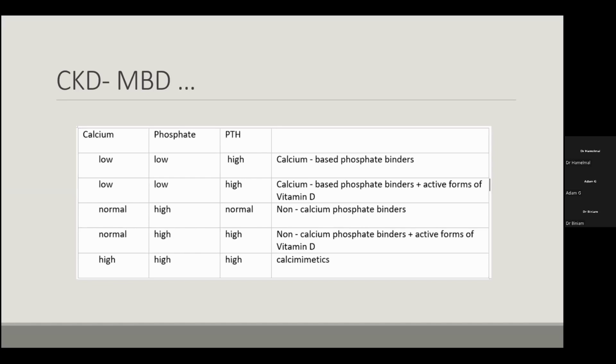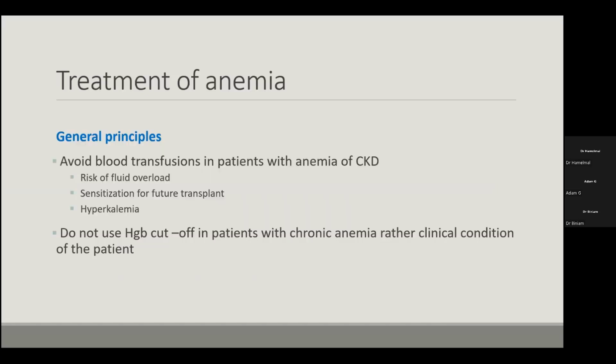And the other thing is when calcium is high despite very high PTH level, calcimimetics should be used, and also parathyroid surgery should be considered. So the message is you don't need to memorize everything, but to decide after seeing all results of calcium, phosphate, and PTH before deciding on therapy.